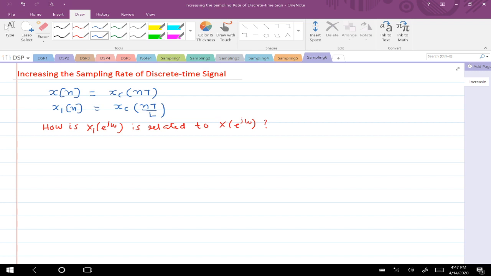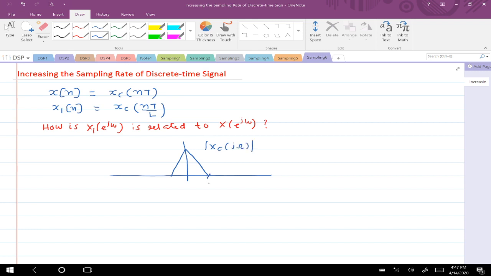Okay, let's start. What we will do now is, let's assume for the continuous time signal, the frequency spectrum of that continuous time signal be Xc of j omega.